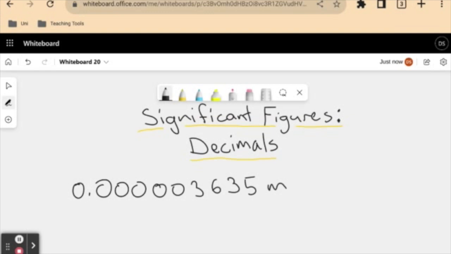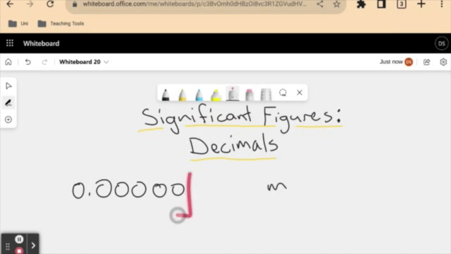So I'm going to answer your question with another question. Let's assume that all of these figures are significant, because you could say, well, these zeros are important, which they are, and because of that, I'm going to say that all of these figures are significant. That's cool, but what if we didn't have our non-zero digits, right?